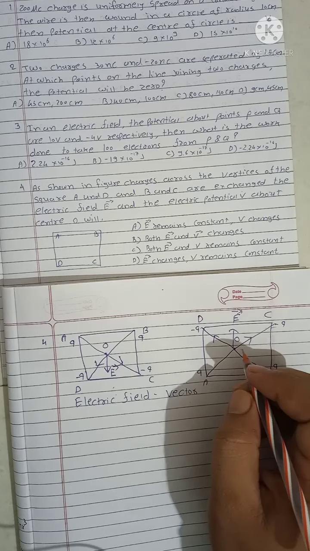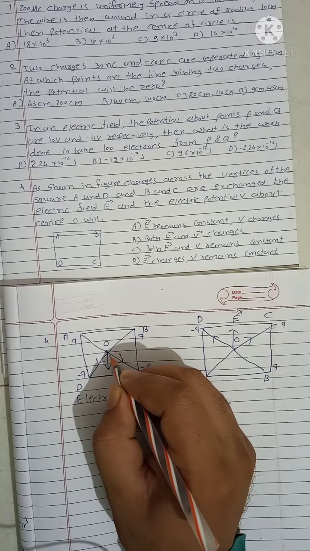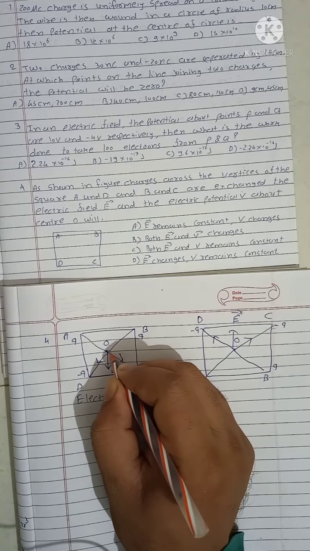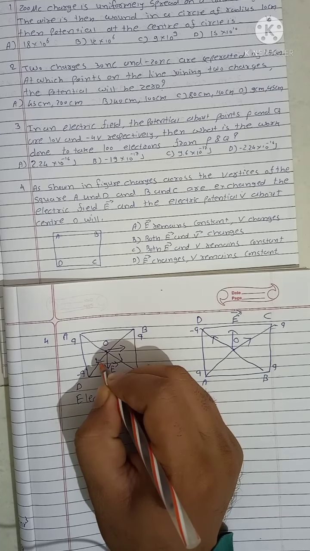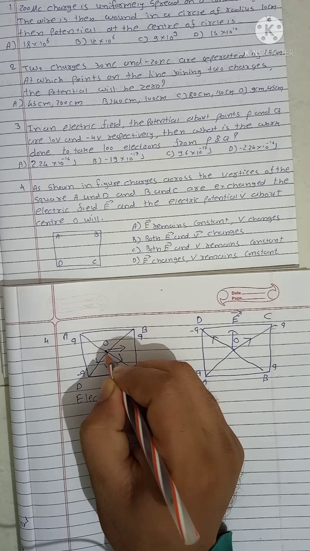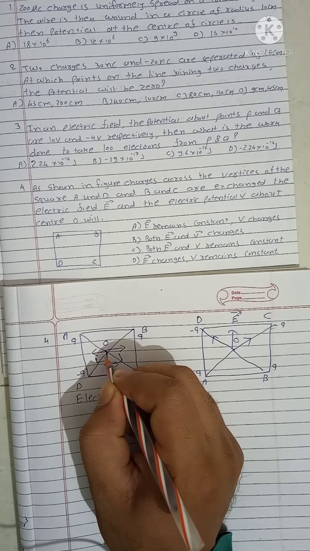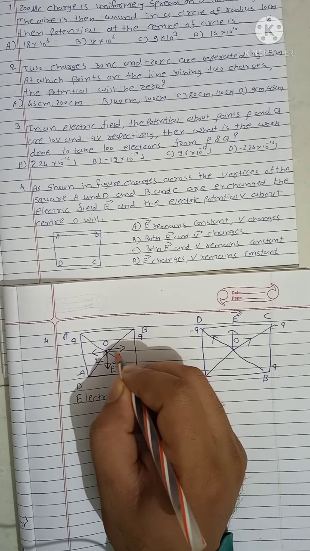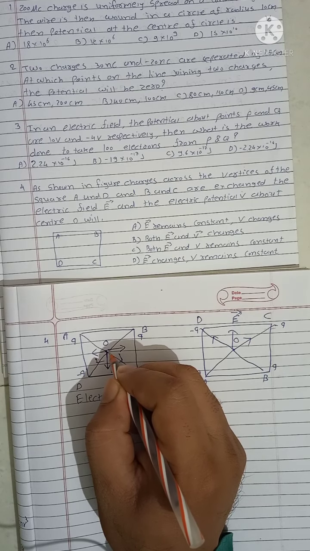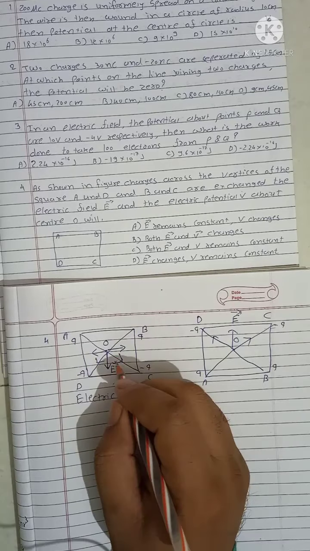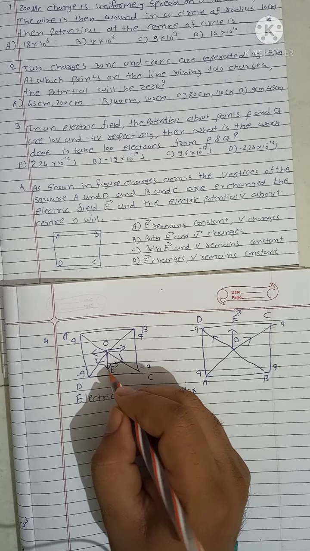Now see, there will actually be two components, vertical and horizontal, for this electric field, and for this electric field also a vertical component and a horizontal component. But as you can see in the figure, the horizontal components cancel each other out, so the resultant vector of the electric field will remain in the downward direction.